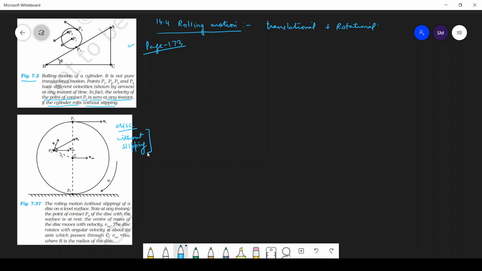So without slipping means the point at the bottom of the disc is at rest. The point of contact is at rest for a particular moment, at any instant of time.